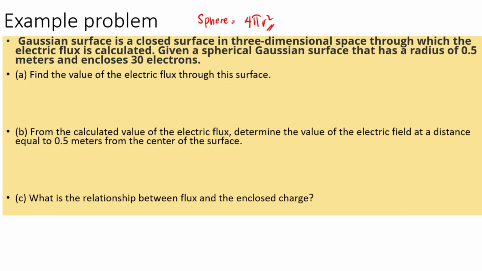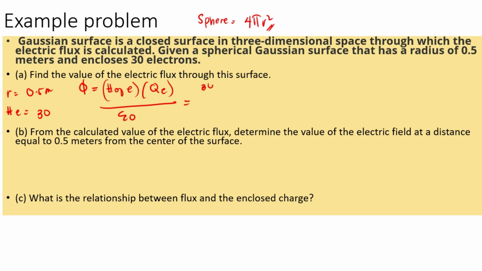But una, hanapin muna natin yung electric flux natin. With our given, we have our radius, or the R, which is 0.5 meters, and the number of electrons, which is 30. So, let's try to solve for the flux total, using the formula: number of electrons times the charge of the electron divided by the permittivity of free space. Substitute natin.